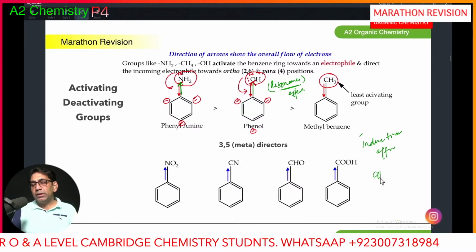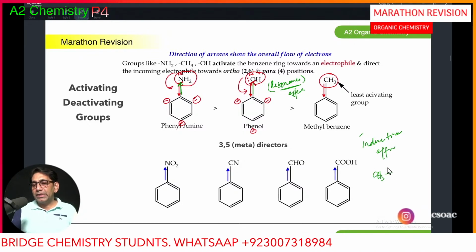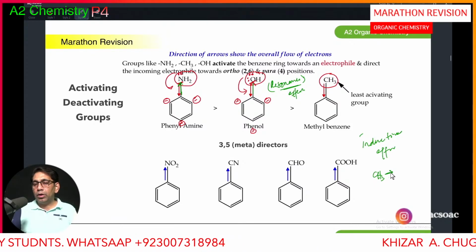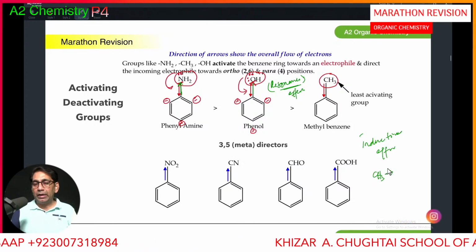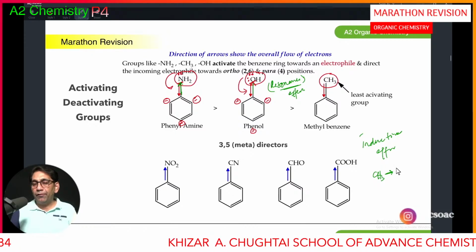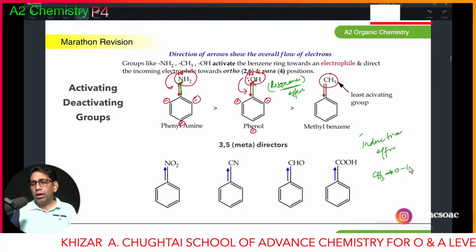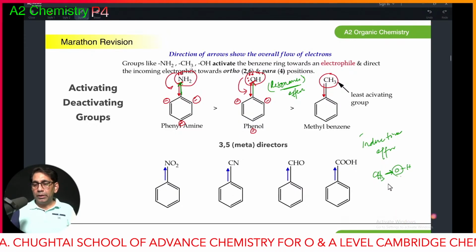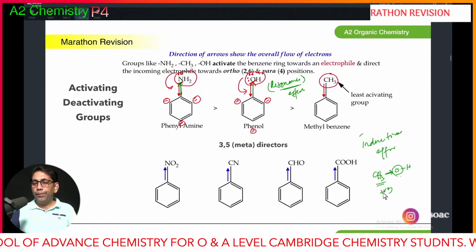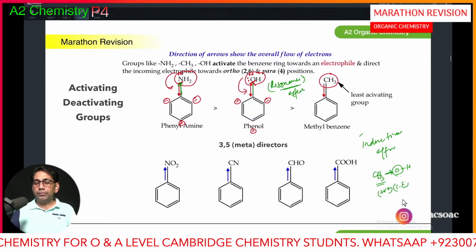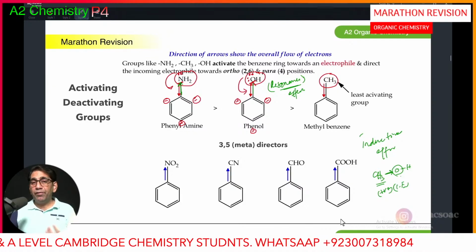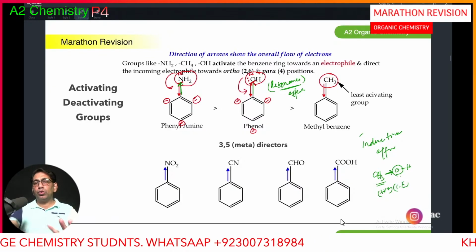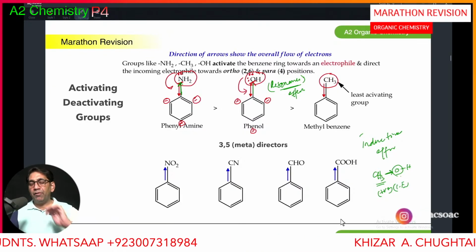For example, CH3 is basically electron donating, showing the positive inductive effect. It is pushing electrons away from it towards any other atom. So this is showing positive inductive effect. Positive inductive effect means to push electrons through a sigma bond away from you, away from it.